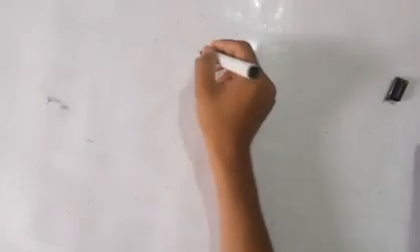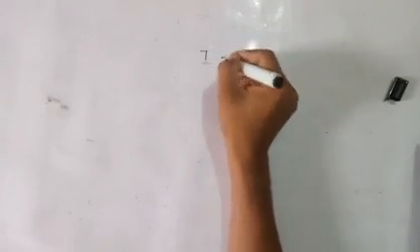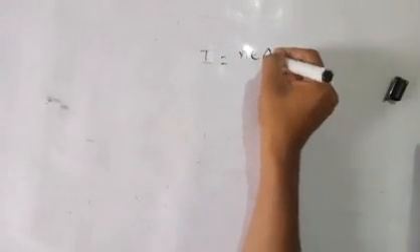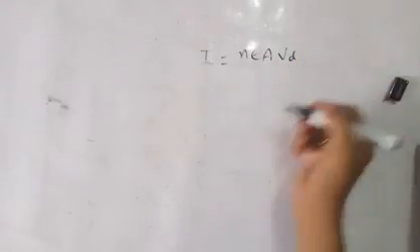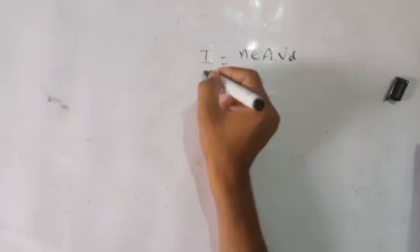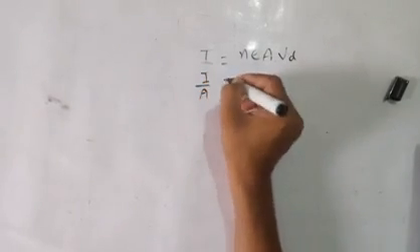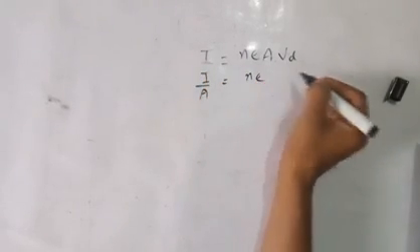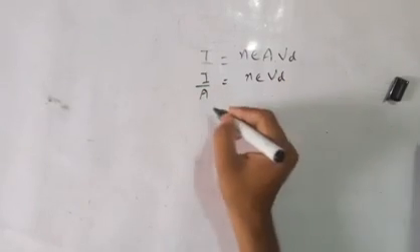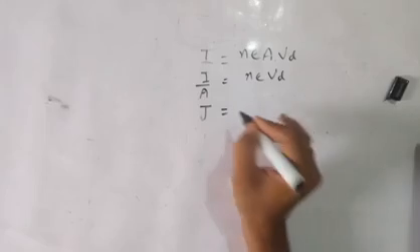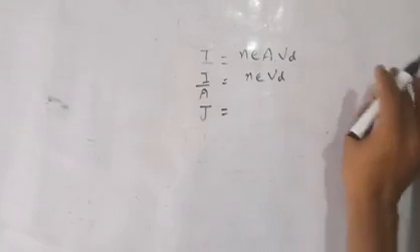We have found the value of I. How much is it? I is equal to n e A Vd. So I upon A is n e Vd. I upon A is current density, and let us replace the value of Vd.